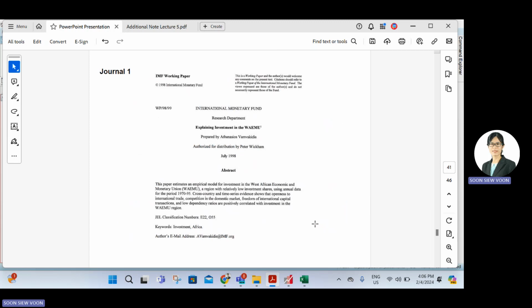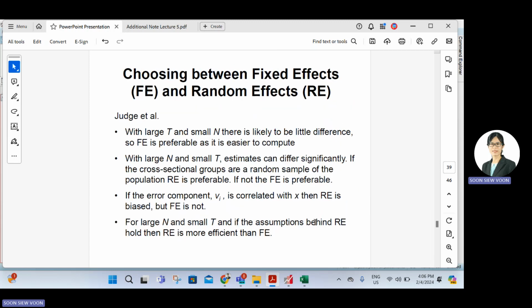Actually, there is the question of how to choose between the fixed effect and random effect, because there are three different types of traditional panel estimation: pooled OLS, fixed effect and random effect. So how do we choose between them?